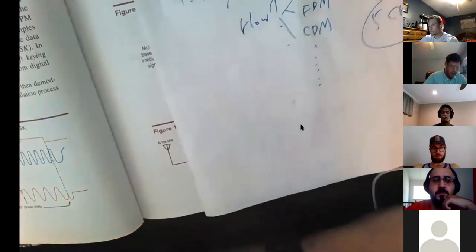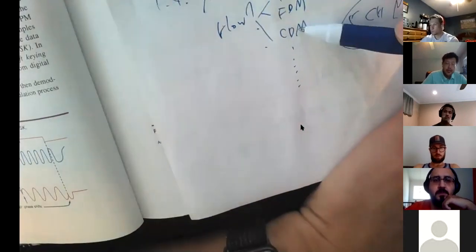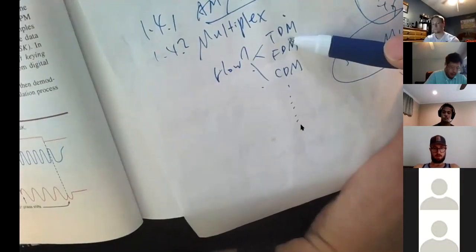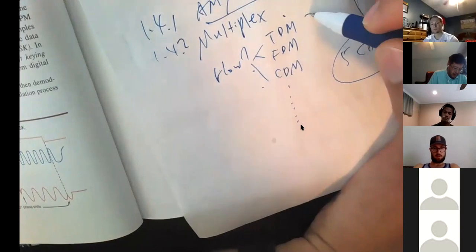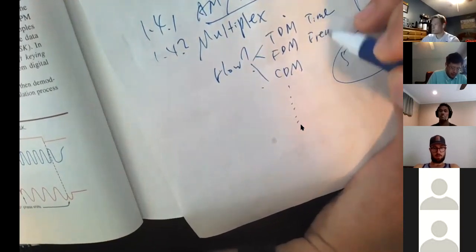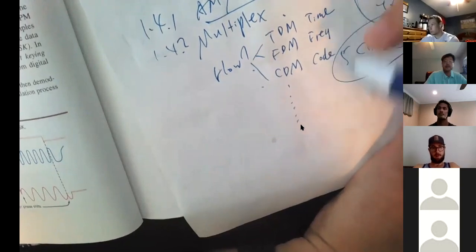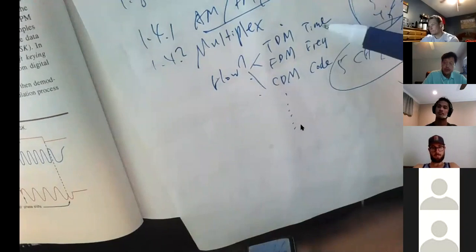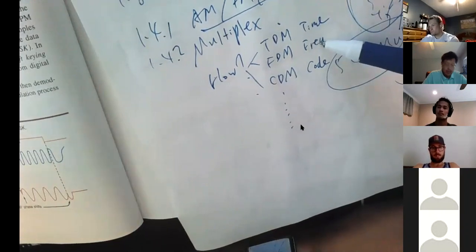There are 3 multiplexing technologies. The first one is called time. The second is called frequency. The third one is called code. Time and frequency are easy.